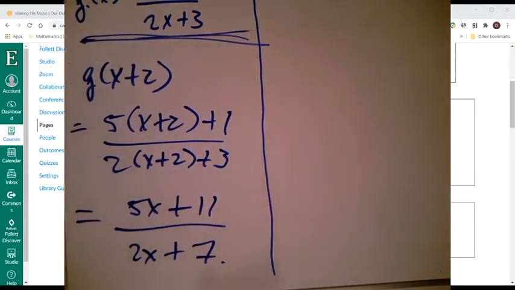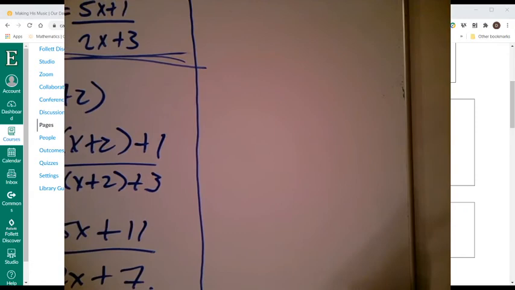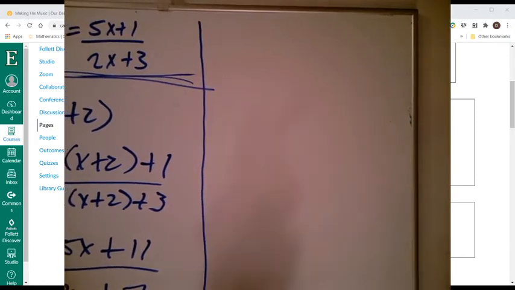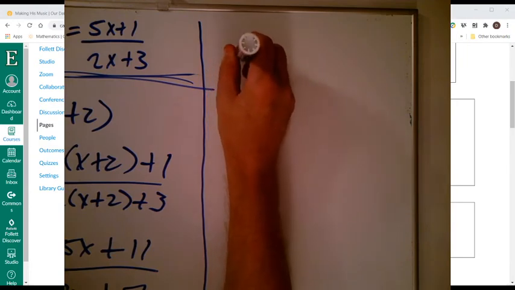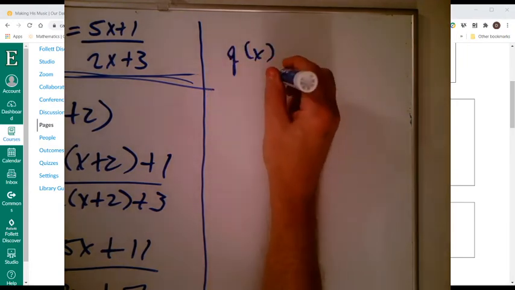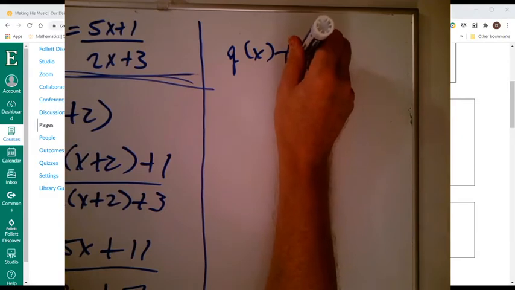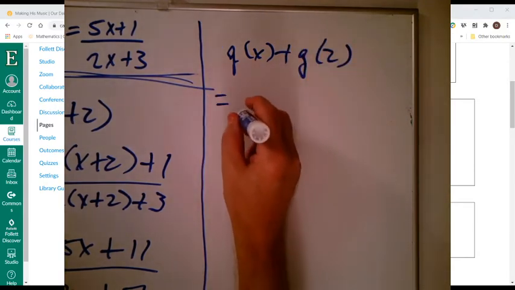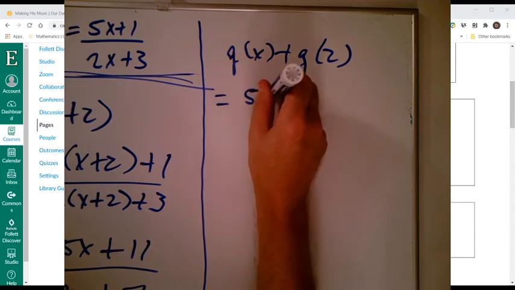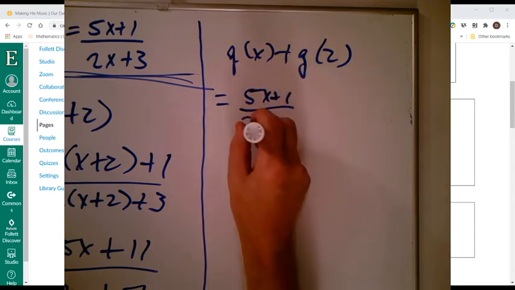Now the last thing this sample asks us to find is g of x plus g of 2. Alright, so I'm going to get g of x plus g of 2 like this. We know what g of x is. It's just 5x plus 1 over 2x plus 3.